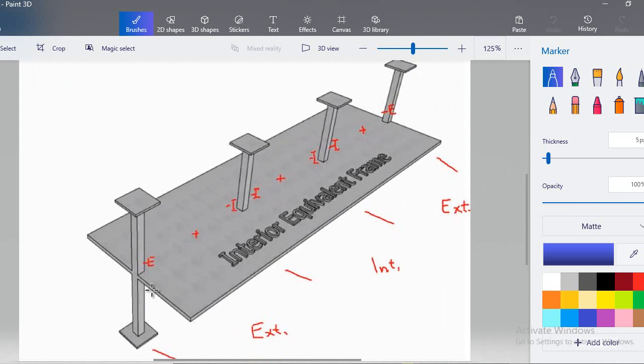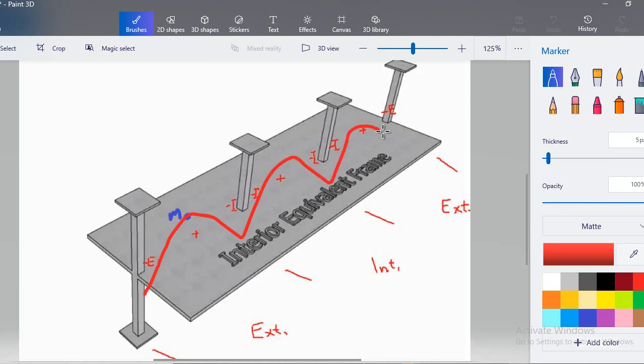Let's say we have M naught. Once we calculate that M naught, we distribute it longitudinally by multiplying it with some coefficients in this pattern. Clear?